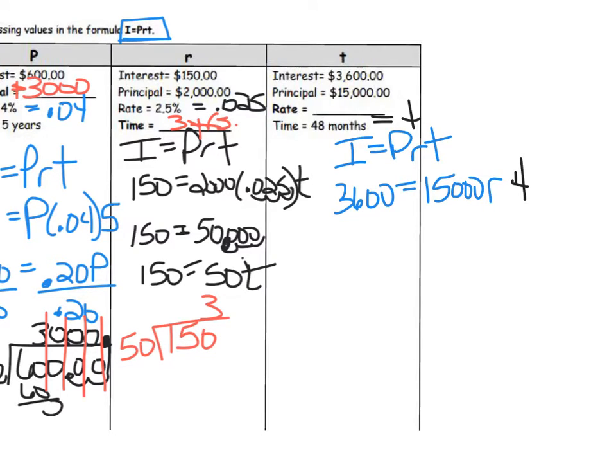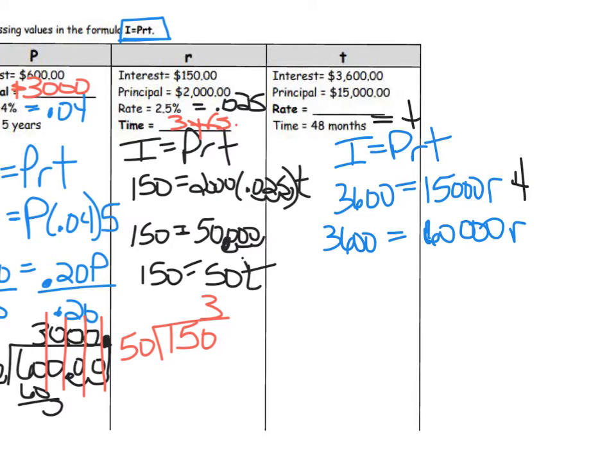Okay, so let's go ahead and continue this. So it's 3,600. What's 15,000 times 4? Or what's 15 times 4? 60, and then you're adding the zeros at the end. Okay, now that's 60,000 R. Now I have to do what? Divide.